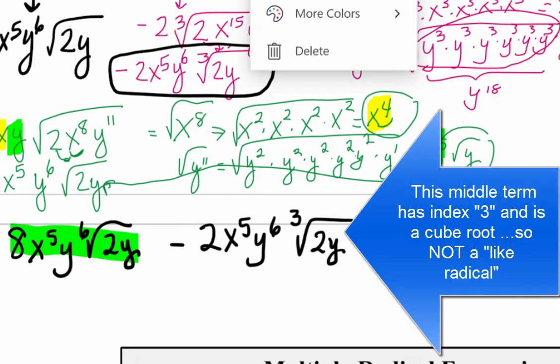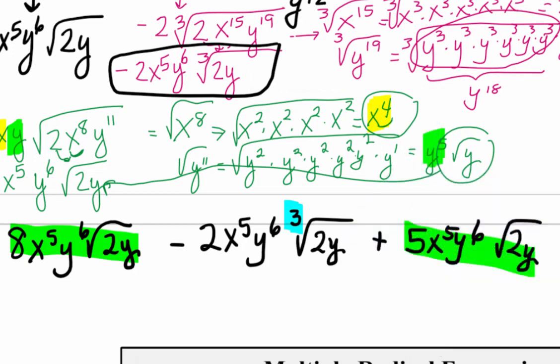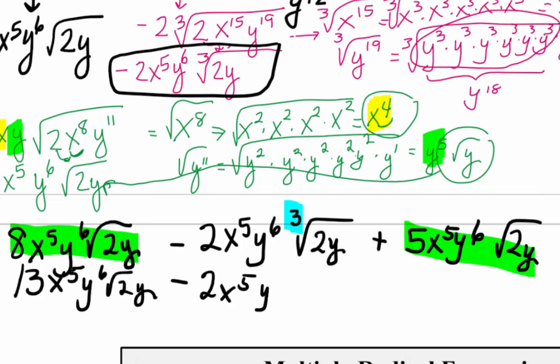This one is not a like radical because of the index. Okay, so go ahead and let's add: an 8 plus a 5 is 13. 13x to the 5th y to the 6th square root of 2y. The negative 2x to the 5th y to the 6th cube root of 2y is part of the final answer.